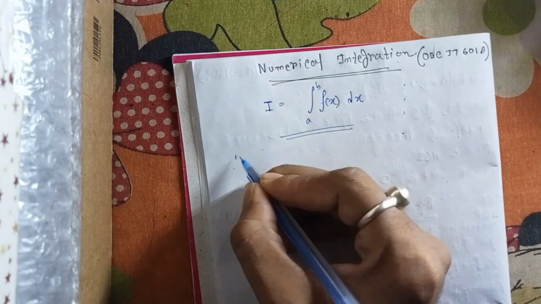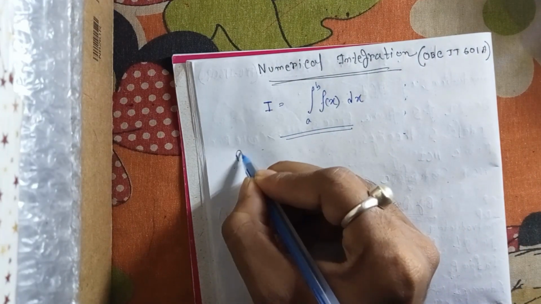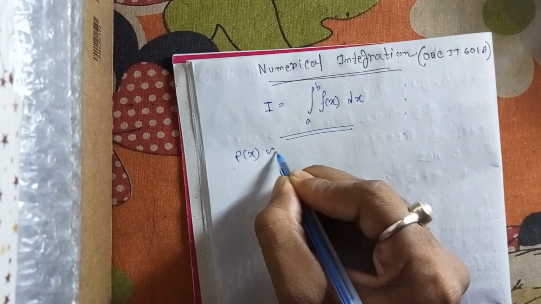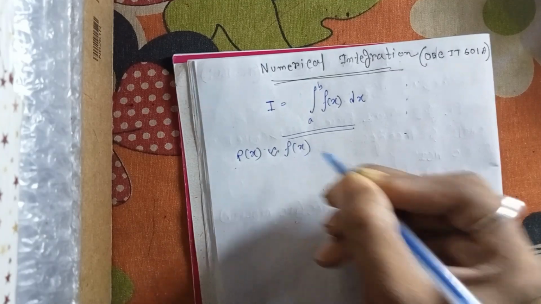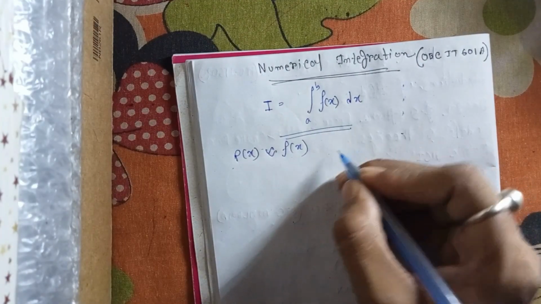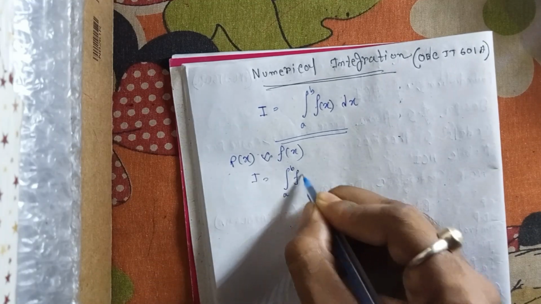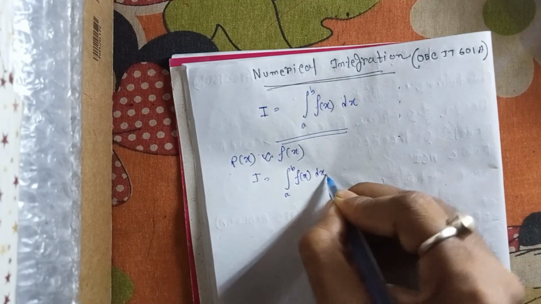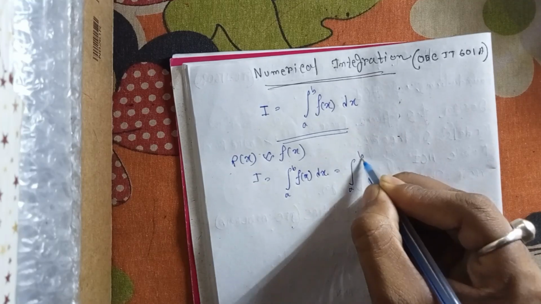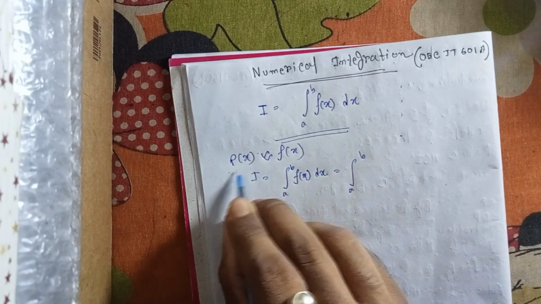We have a polynomial function p of x, which is similar to f of x. So we can write I equal to the integral from a to b, where we just replace f of x with p of x.